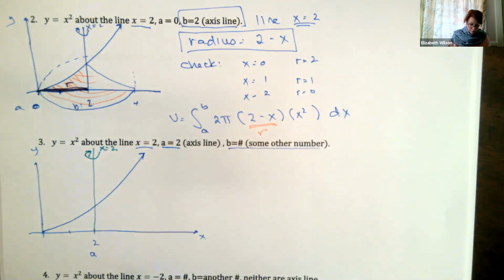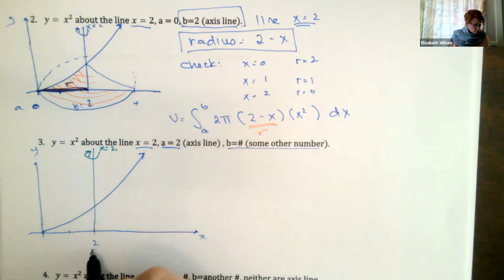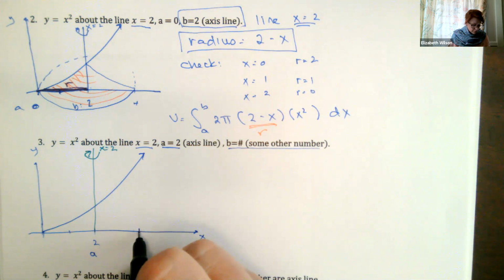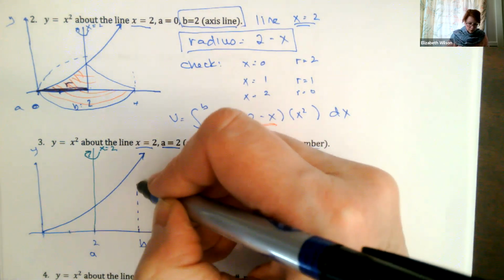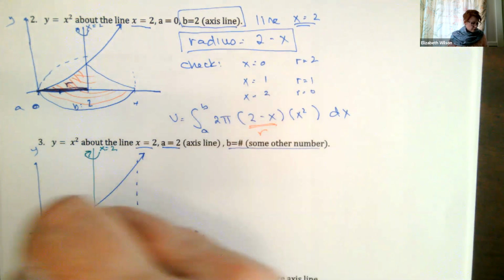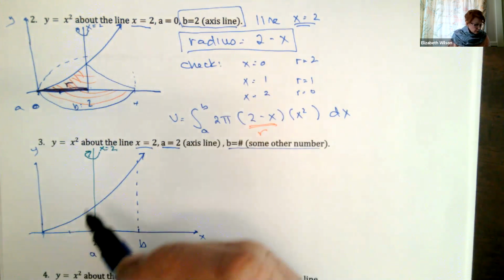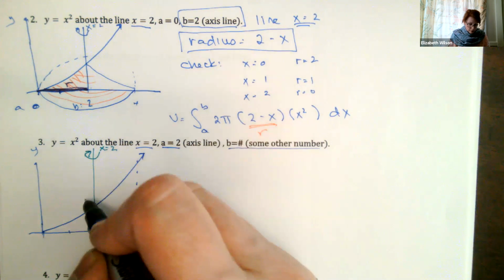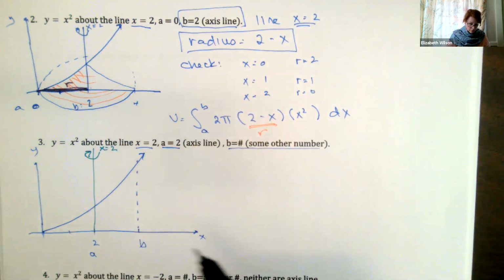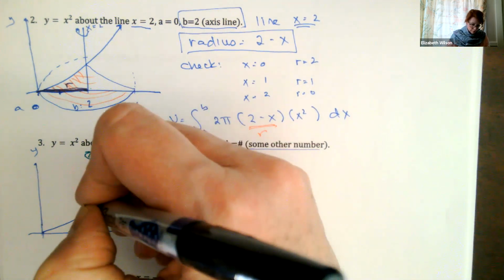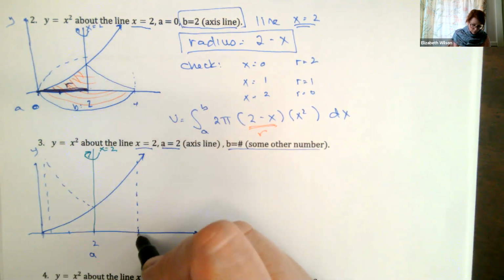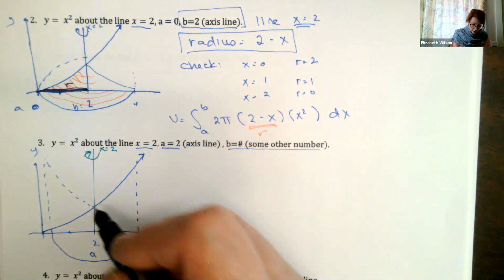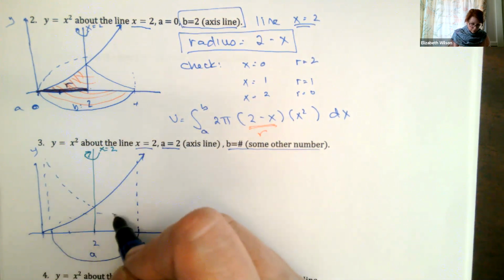And we're going to integrate from a equals 2 to b equals some other number. So we'll just go out to here. So this is b. Okay, this is the piece that I'm going to be rotating around, right? So it's going to look like, let me draw this in. And then I'm going to get a circle around the back.